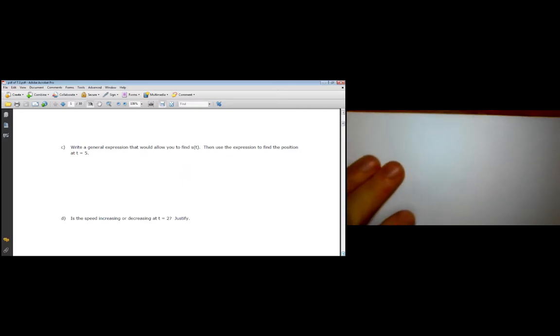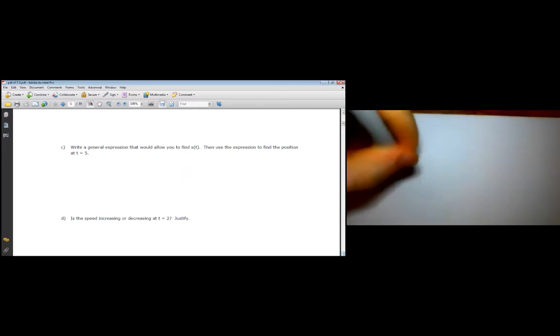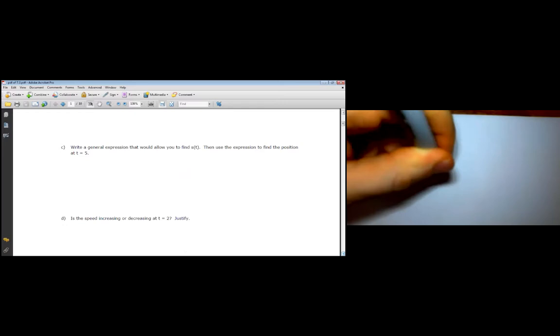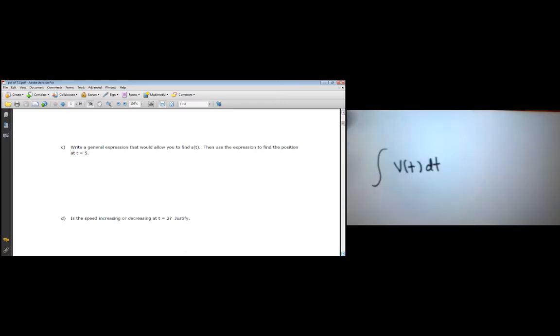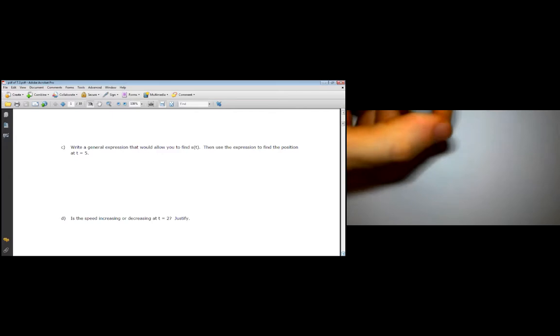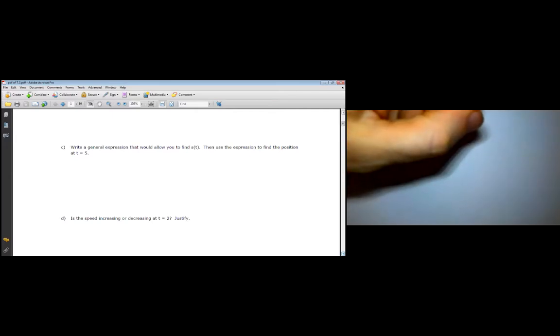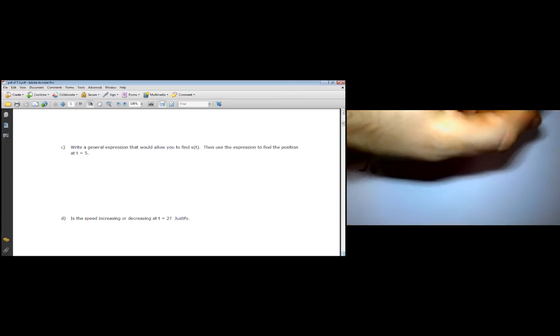Yeah, so we're going to integrate v of t dt, and we're going to integrate it from a bound we know to a bound we want. They want us to find 5, and this problem gives us 0. When you integrate it, it's going to give you position at 5. Take note they're using s for this. s of 5 minus s of 0.